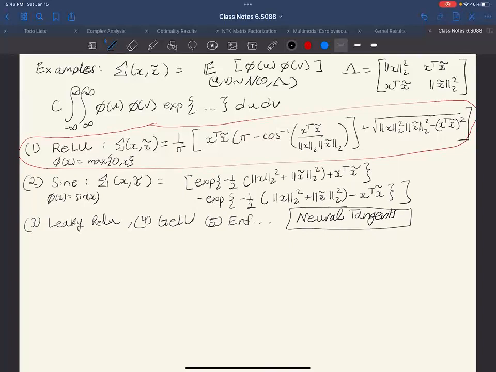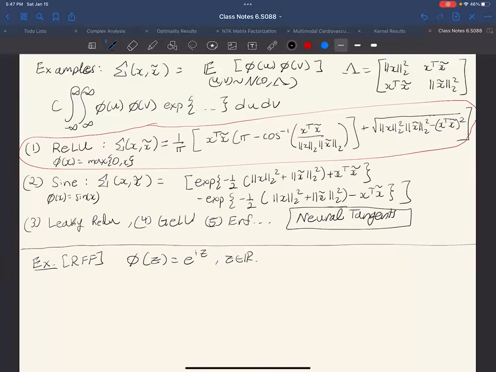Let's do this computation in a nice, simple way for the case where your activation function is phi of z equals e to the i z, for some z belonging to R. This is actually called the random Fourier feature model.